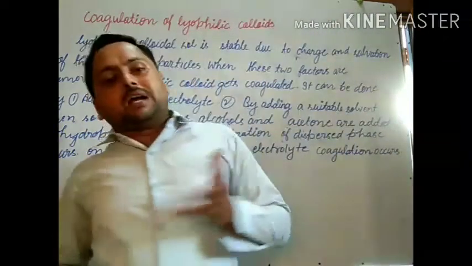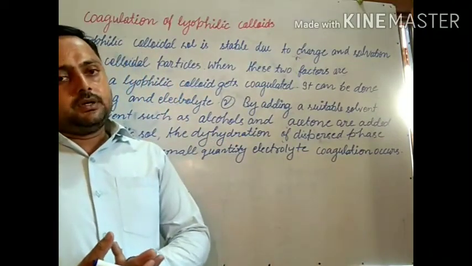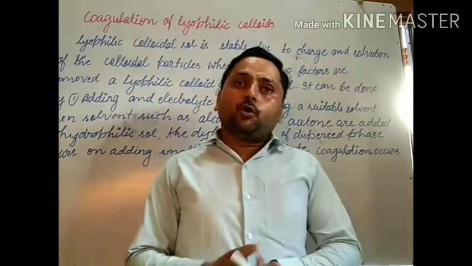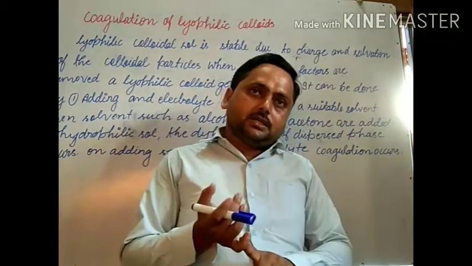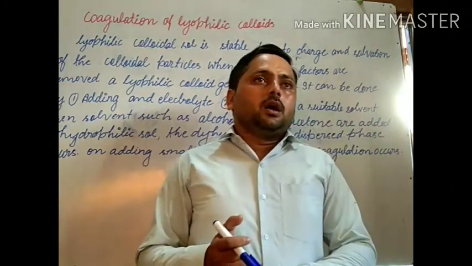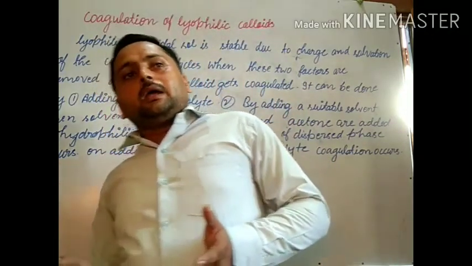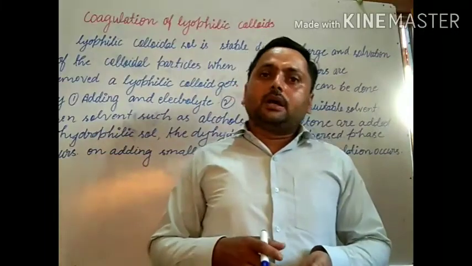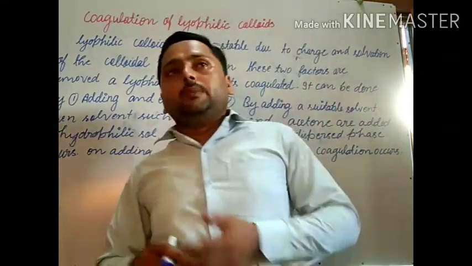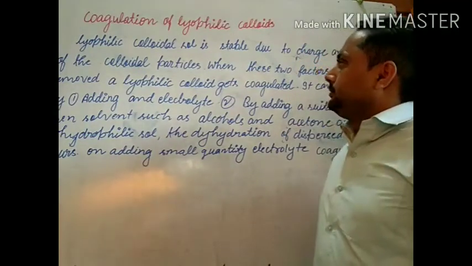If these two factors are removed, coagulation occurs. It would be easy to coagulate. Means if charge and solvation of colloidal particles, which prevent the coagulation, are removed, coagulation will occur.